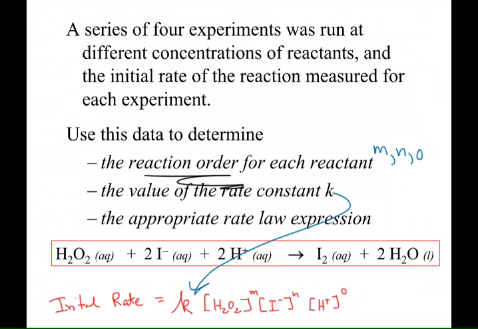And then the appropriate rate law expression, I guess my note here would be to plug reaction orders back in. And when I say back in, I mean back into the thing I have at the bottom of the slide there.